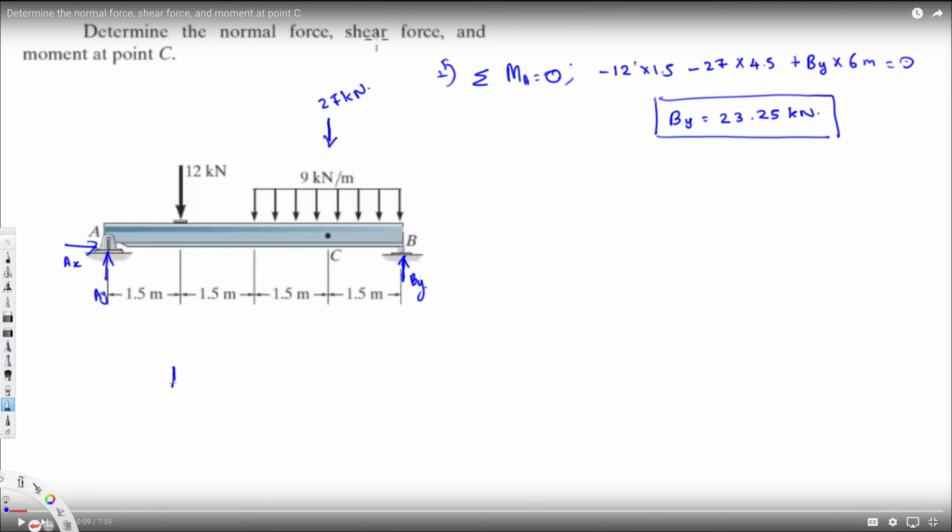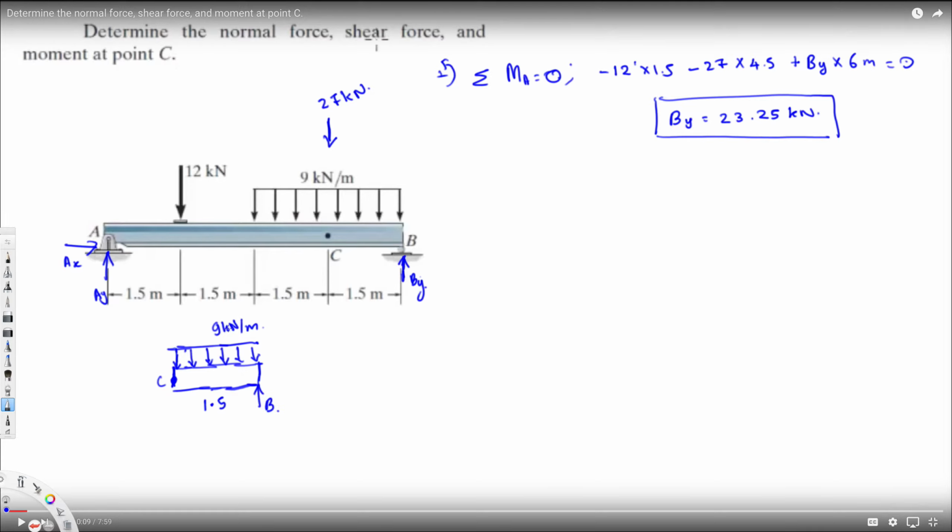If I cut this part off, we have to be very careful, because when we cut this part off, the equal forces are still going to be coming, right? So it's going to be equal forces here: 9 kilonewton per meter still coming, and this is going to be my C, and the distance is 1.5, and we have By right here.